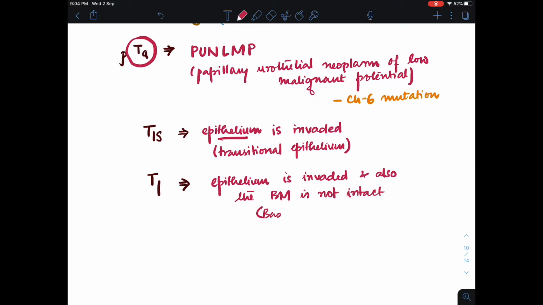In TIS, as we have known in cervical carcinoma or any other carcinoma, the basement membrane is always intact.